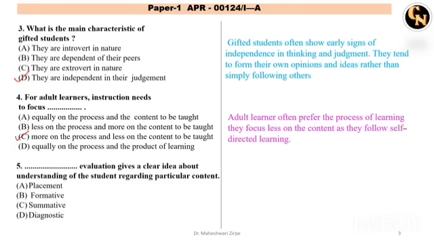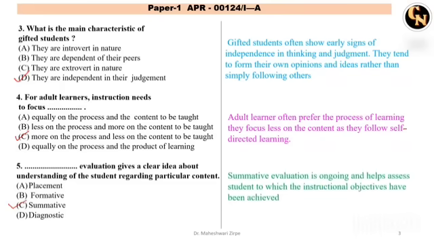Next one is, dash evaluation gives a clear idea about understanding the students regarding particular content. So which type of evaluation will give us a clear idea about whether the student has understood the particular content or not? That is, you can have the summative evaluation.